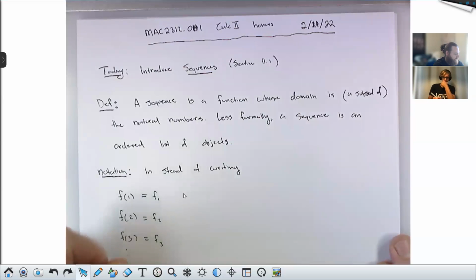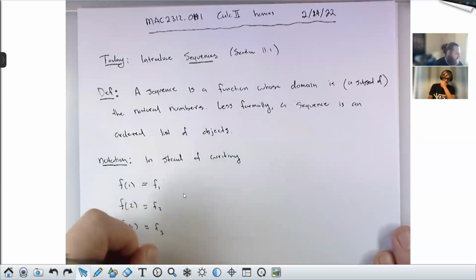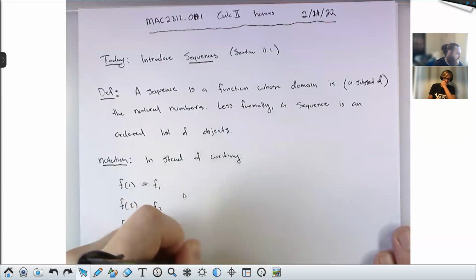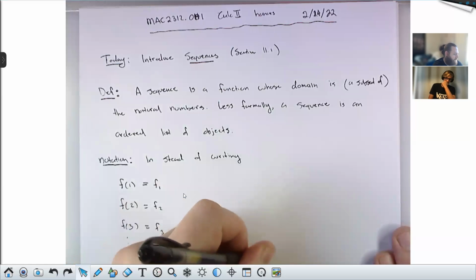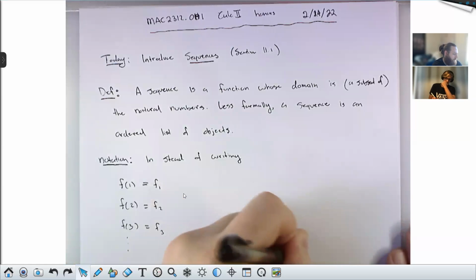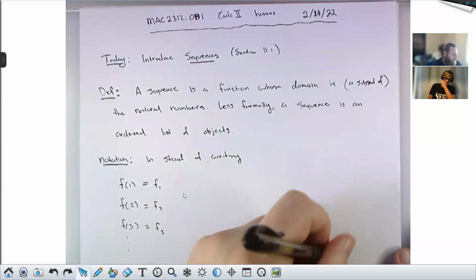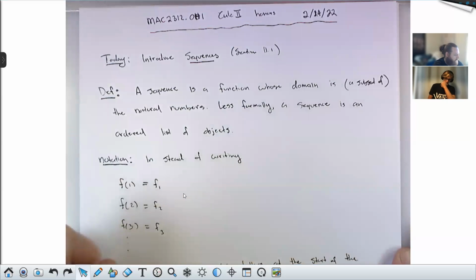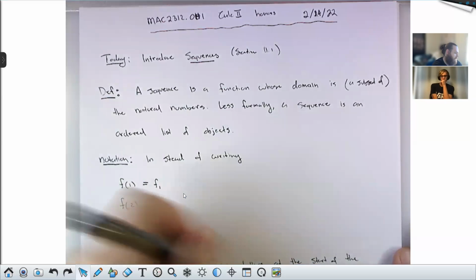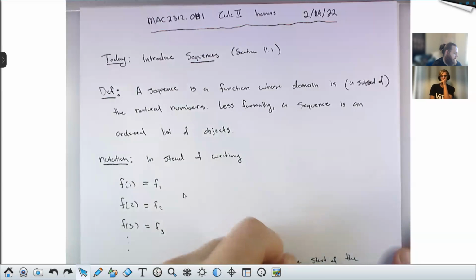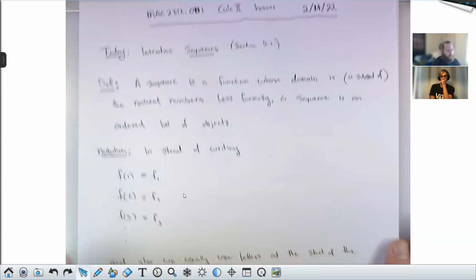And also, we usually use letters at the start of the alphabet to name sequences rather than f or g or h, like we do with functions, right?